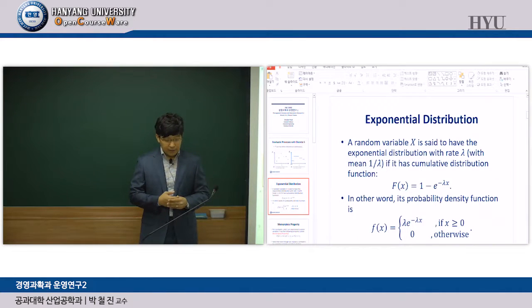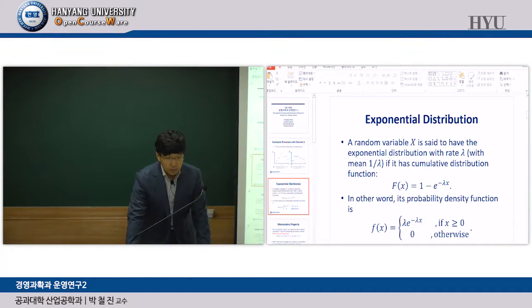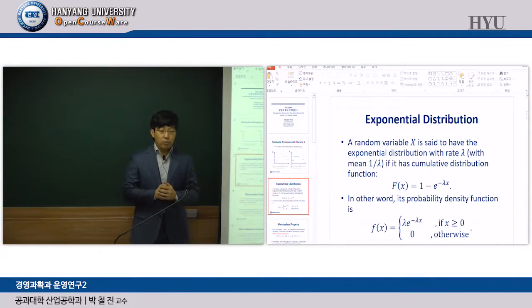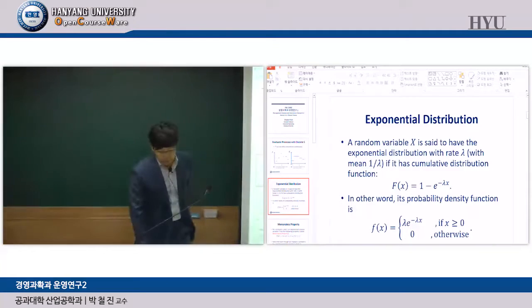So actually this lecture is kind of a review of the exponential random variable and its properties. The exponential random variable can be used for modeling the lifetime of a bulb or components, or sometimes we can model the inter-arrival time for a queuing system as an exponential random variable. So let's think about this random variable.